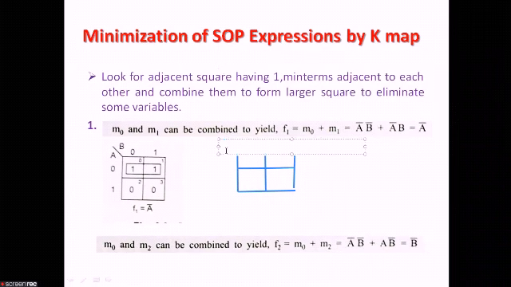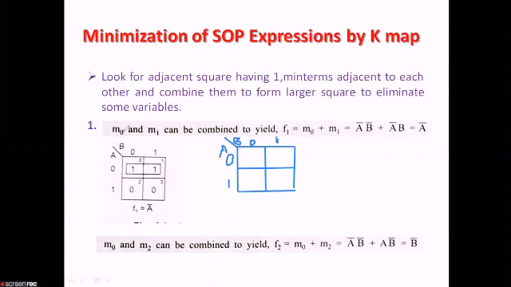There will be A and there will be B. So I'm writing A here, I'm writing B here, and there is 0 and 1, again 0 and 1.